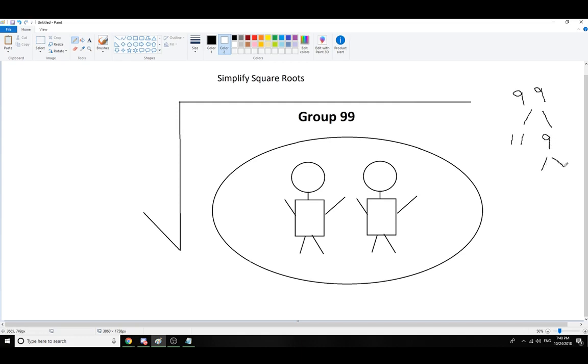But 9 can be broken up further. This group is its own subgroup of two threes. Group 11 can't be divided any further. So in this group, we actually have 3 people.